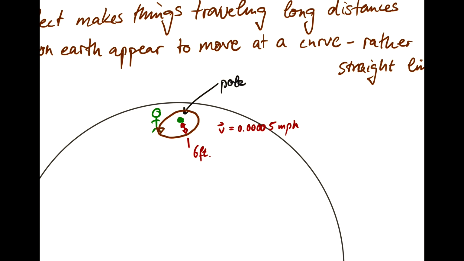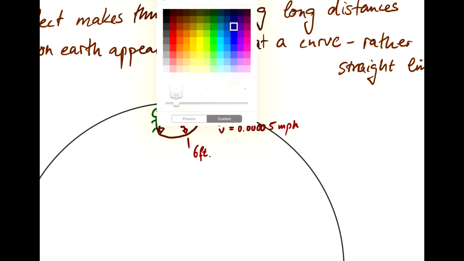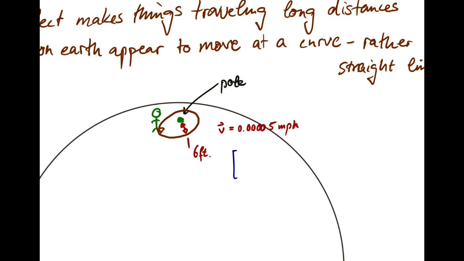Now, as a side note, why is that the case? Well, they travel 2 pi r by the time that it takes, so that's your velocity, which is 2 pi times 6 feet, which is about 2 meters, divided by 24 hours.